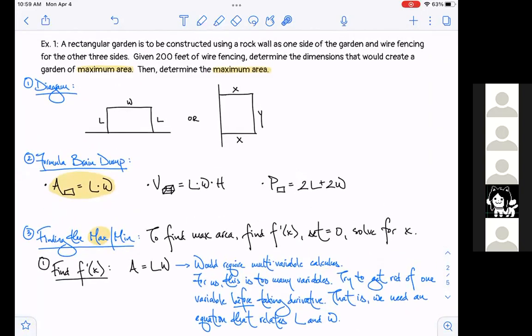The wire fencing goes here, here, and here, right? Or if your diagram looked like the one on the right, your wire fencing went here, here, and here. Which one of those other formulas that we put in our brain dump might be useful in helping us think about how much fencing we have?